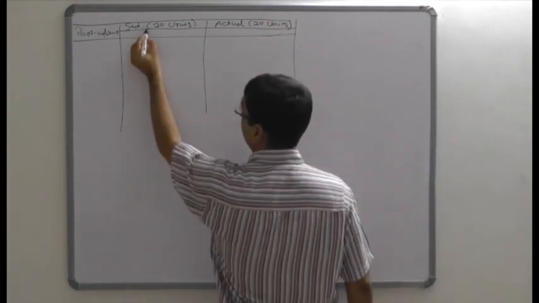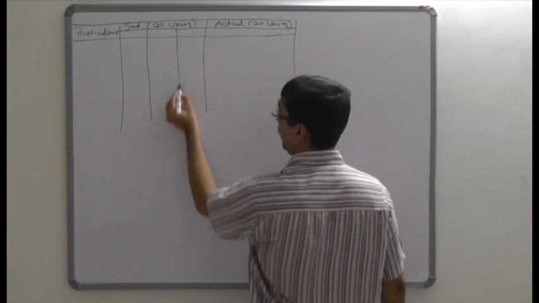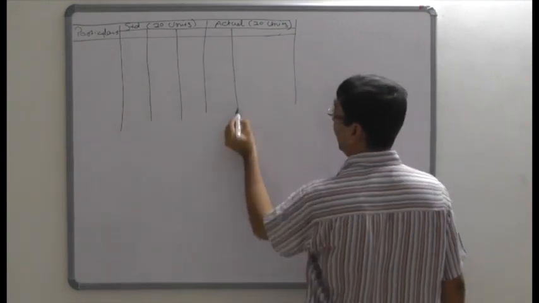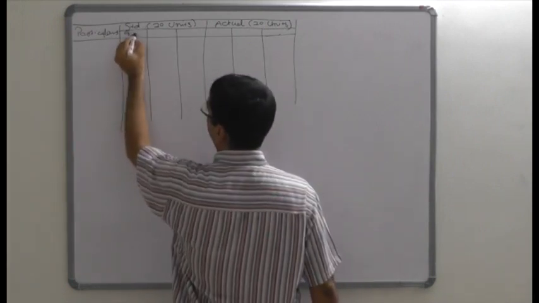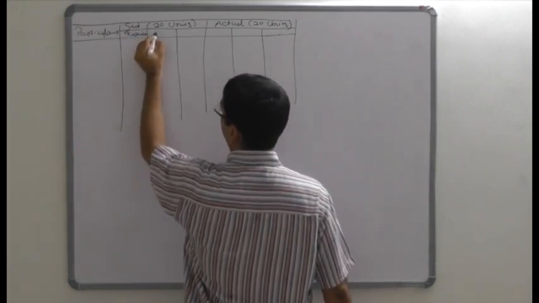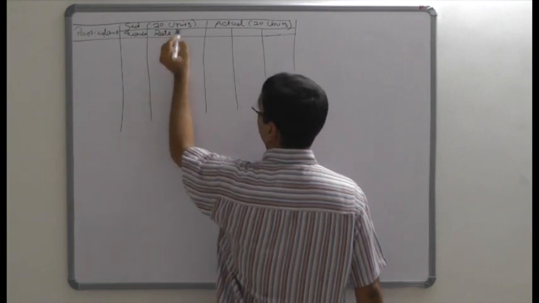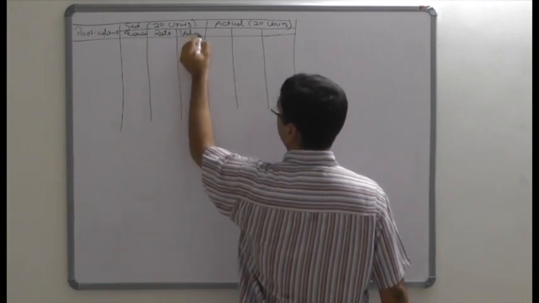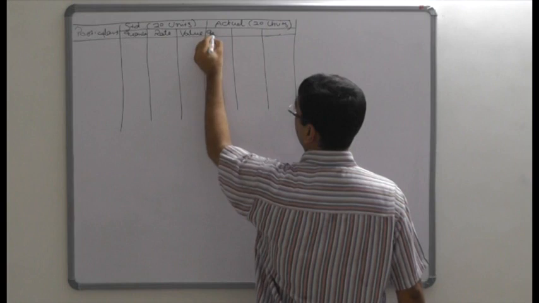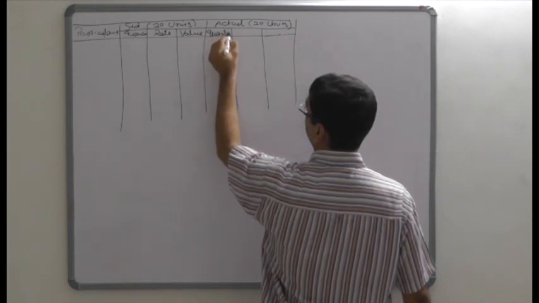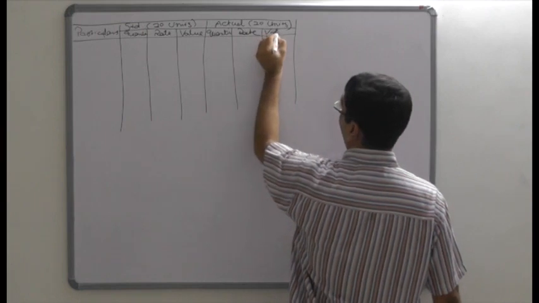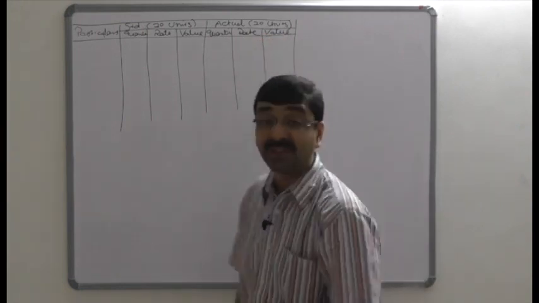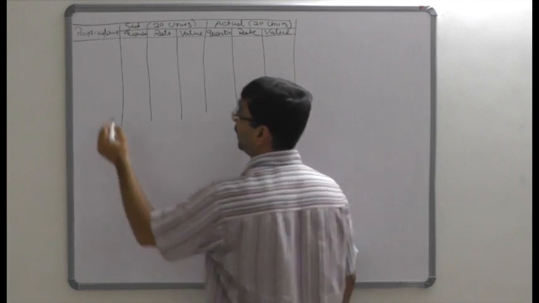In that information we have quantity, rate and value. Same way for actual also, quantity, rate and value. As I mentioned in the question, we have 3 different materials.